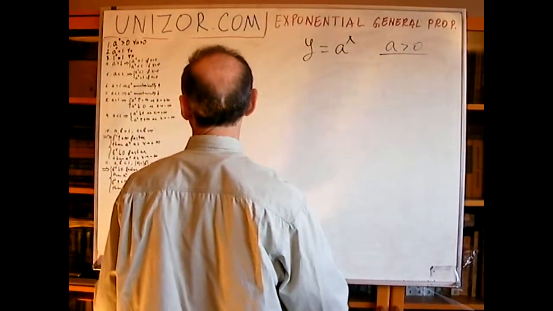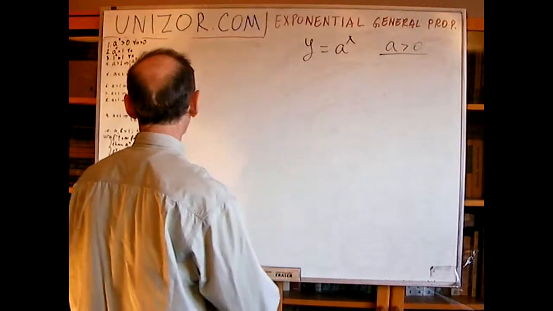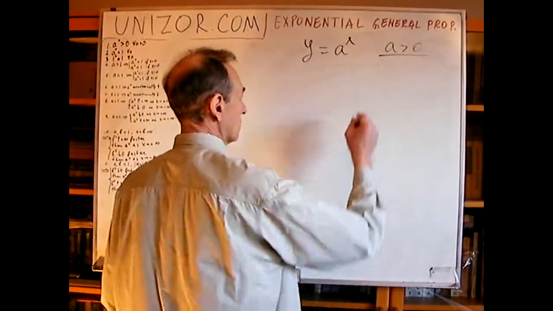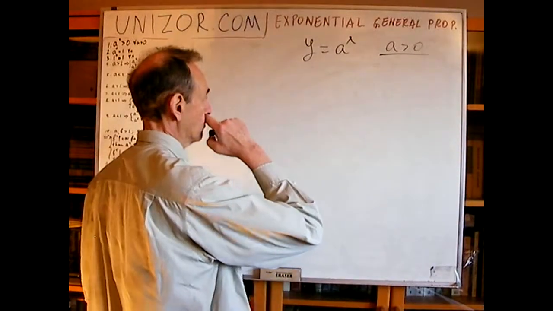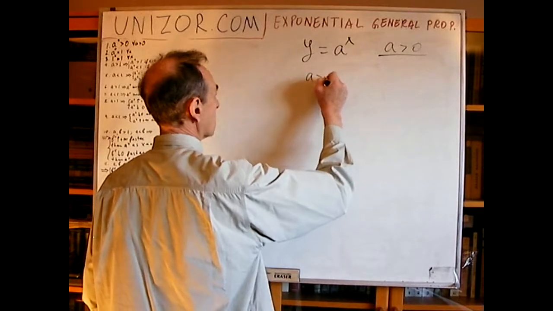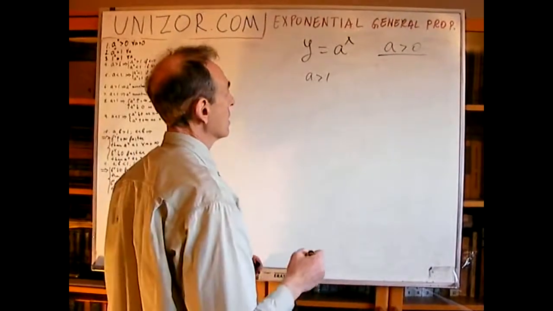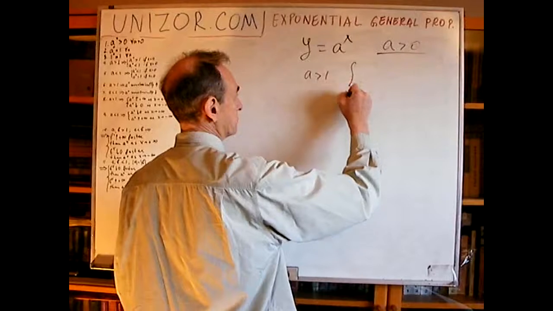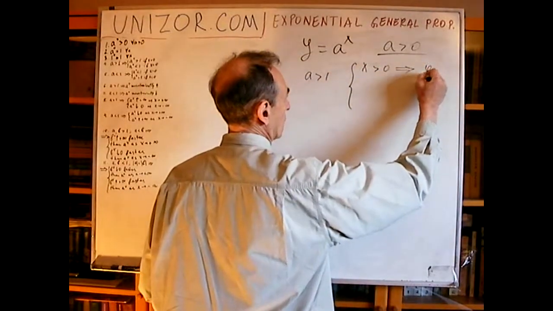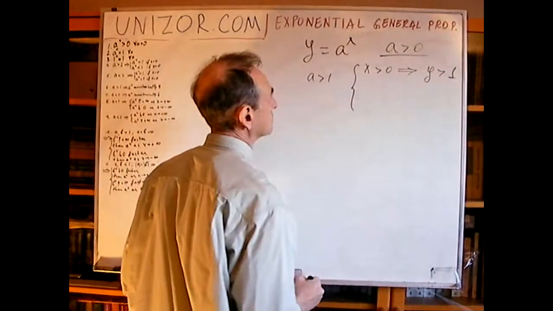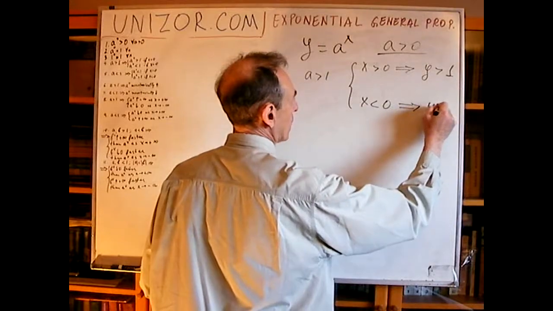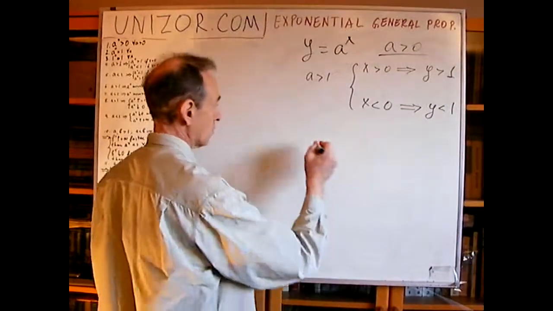Next property. All right, next property is actually related to these two graphs which I drew before. So basically it says that if a is greater than 1, then for positive x, y would be greater than 1, and for negative x, y would be less than 1. Again, remember the graph?